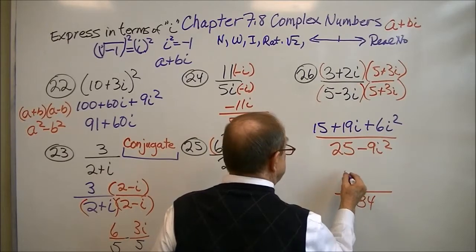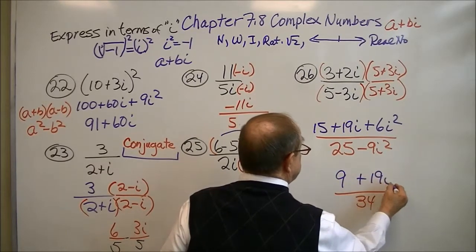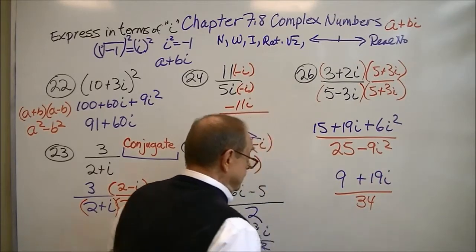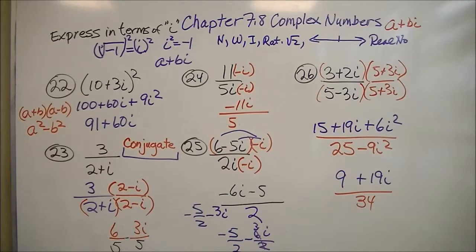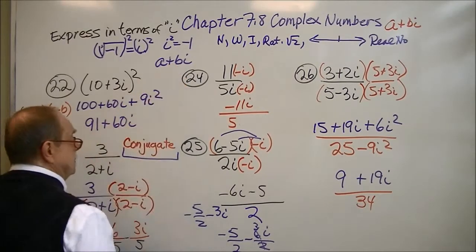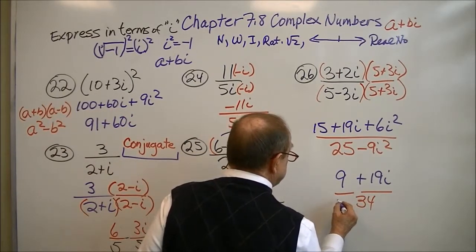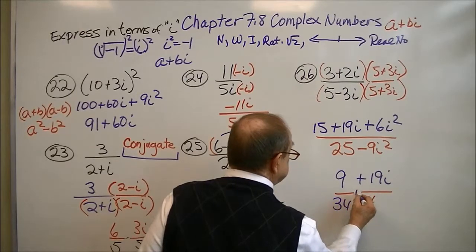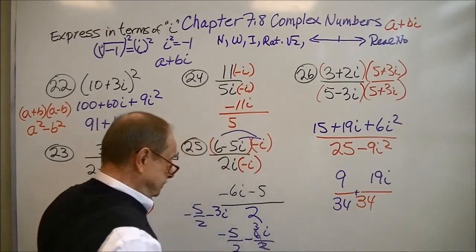So this will be then 9 plus 19i over 34. And you might say, oh, that's our answer. But it would be counted wrong because it's not in standard form. So we have to remember that we just write these over separate fractions.